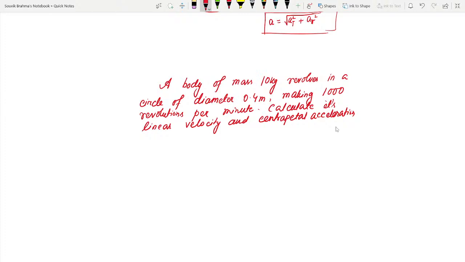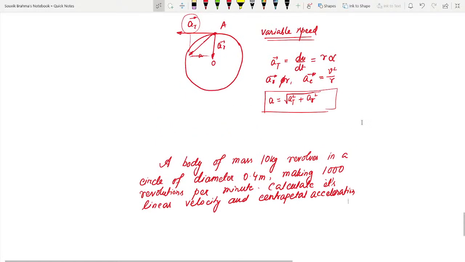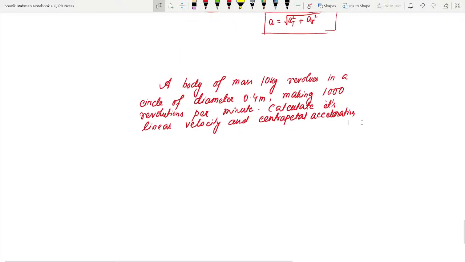So centripetal acceleration means the radial component. You know it is a_c, that is v square by r, which is also r omega square.